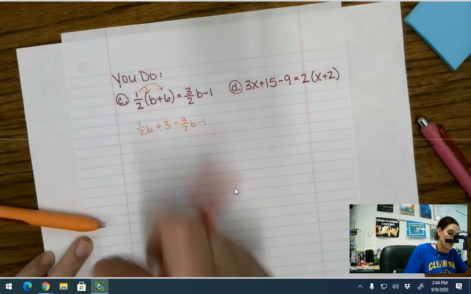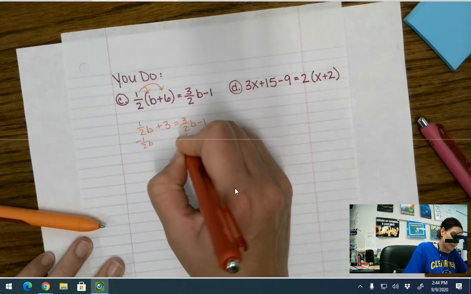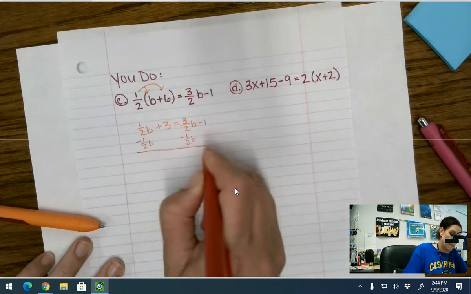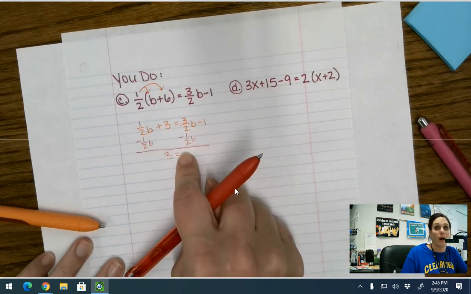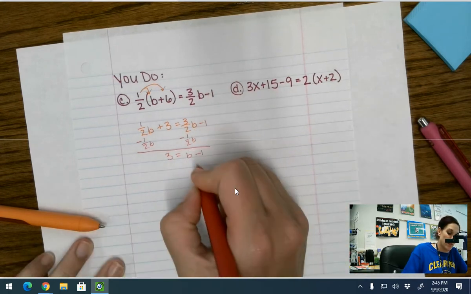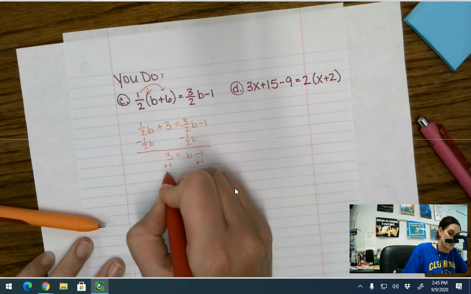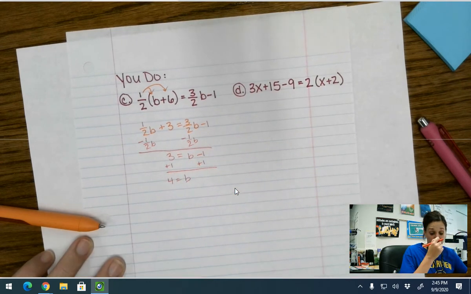So we're going to subtract 1/2 from both sides. So we're left with 3 equals. If I have 1.5 minus a half, I should just have 1 left. I'm going to then add 1 to both sides. So b should have equaled 4.